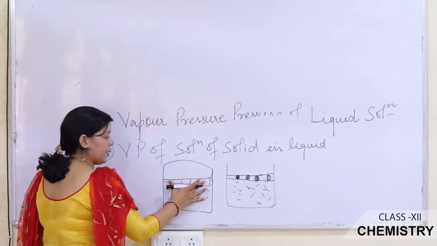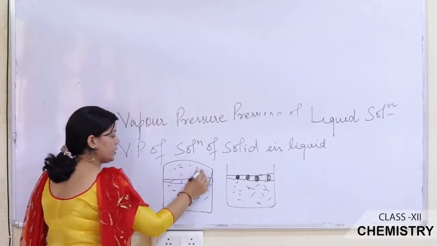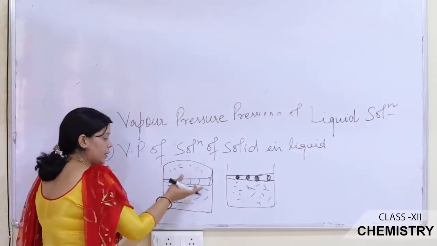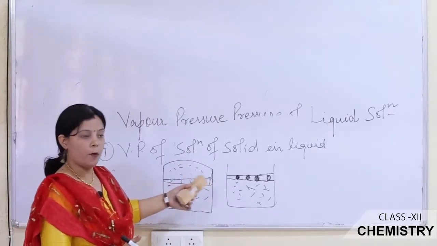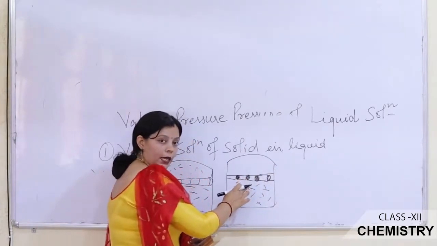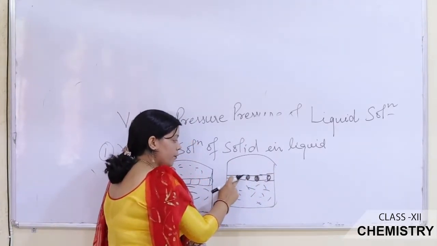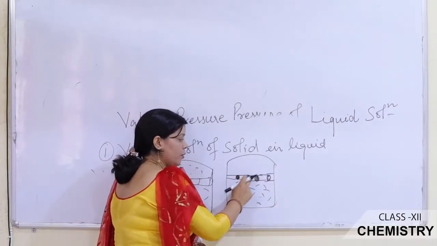In this case, the complete area is available for the evaporation of the solvent, and when the area is more, a greater tendency of the molecules to convert into vapor is observed. Whereas when a non-volatile solute is added to a volatile solvent, some of the places of the volatile solvent get occupied by the non-volatile solute.